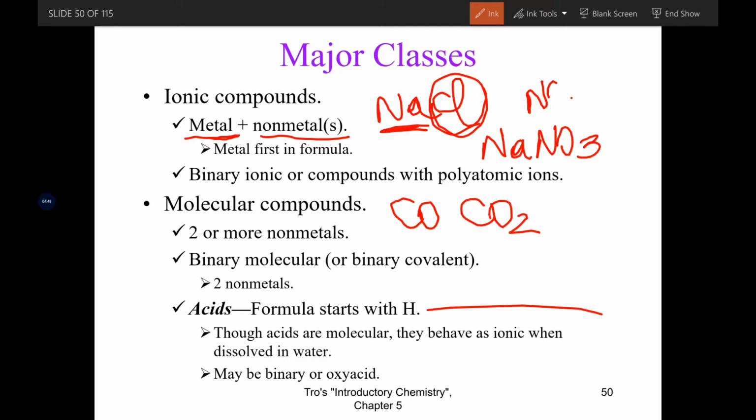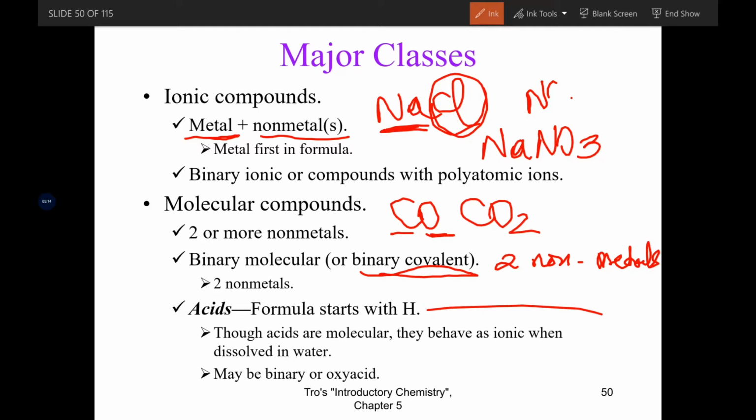Carbon is a nonmetal and oxygen is a nonmetal. So we got ourselves nonmetal with nonmetal, therefore we have a molecular compound. We are going to stick to only binary covalent compounds. In other words, only two nonmetals.